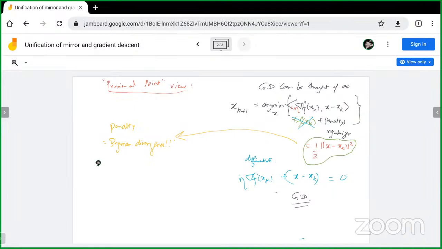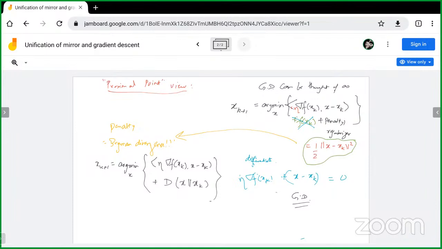So x_{k+1} is argmin over x of the linear term plus the Bregman divergence between x and x_k. So let's just recall what this is.